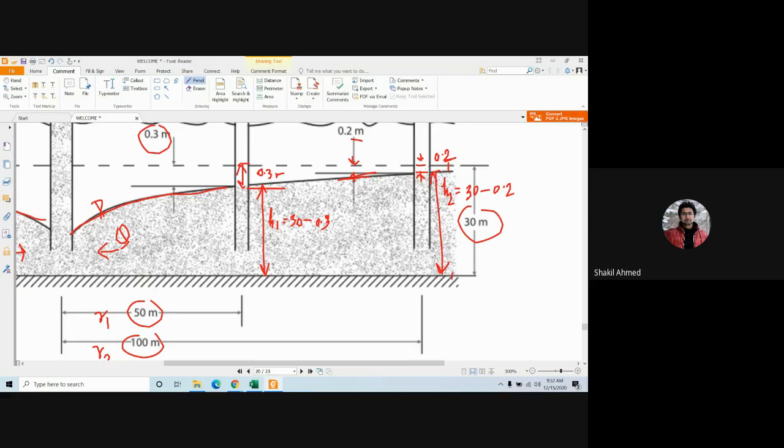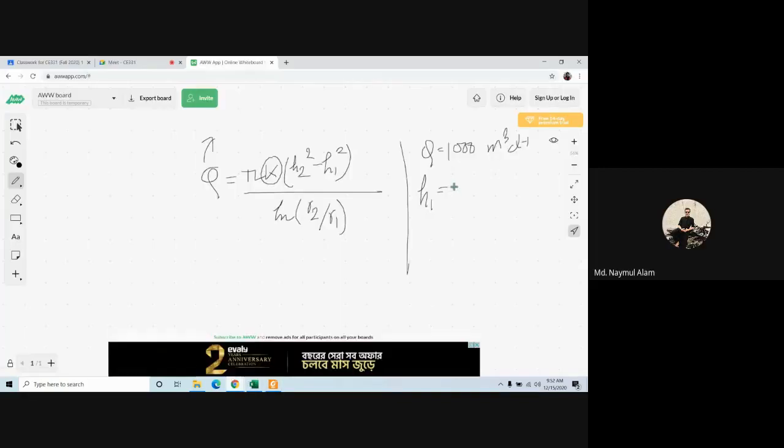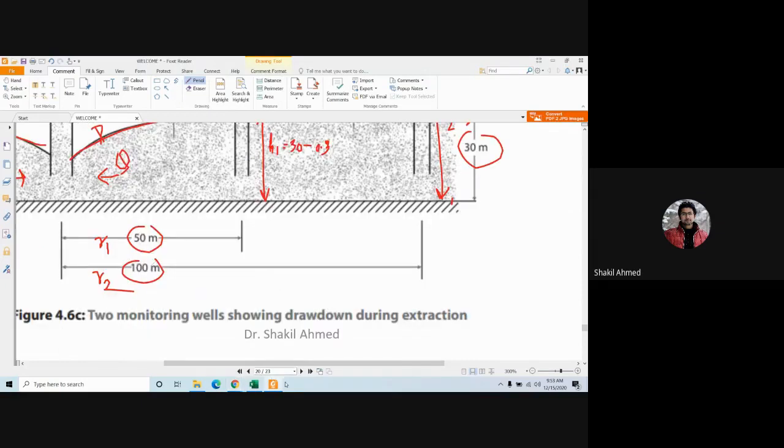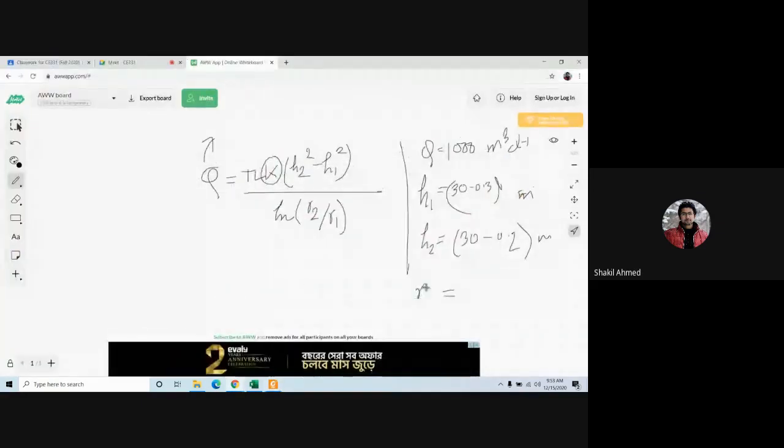So then you'll get this. Okay? Clear? Yes, sir. H1 equals 30 minus 0.3 meter, and H2 equals 30 minus 0.2 meter. What are R2 and R1? R1 is 50 meter and R2 is 100 meter.